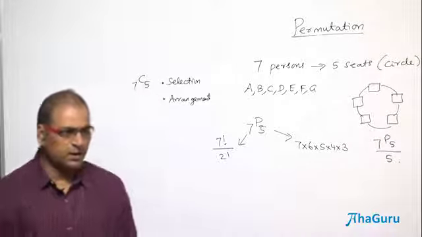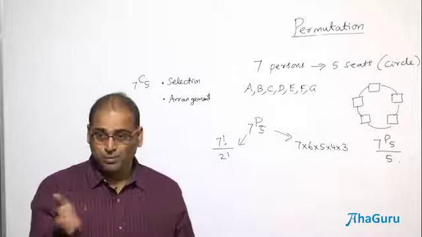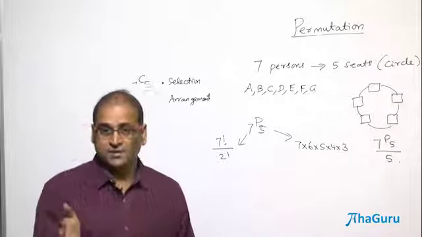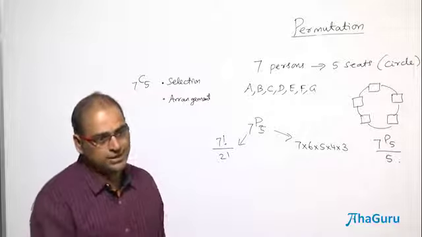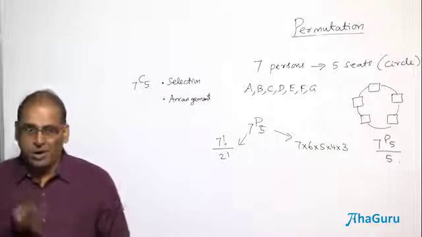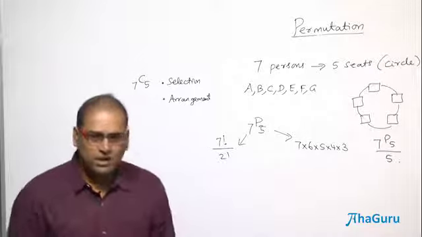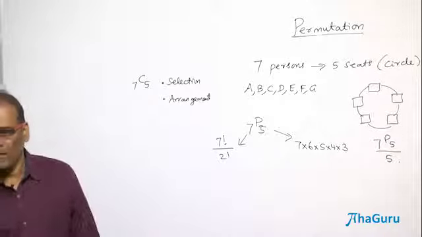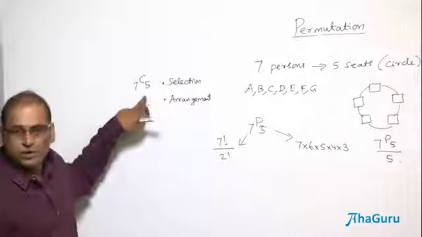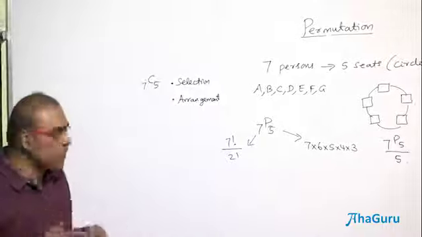It's the same meaning. But suppose in the competition A gets first rank, B second and C third, then B gets first, C gets second and A gets third, that's different. So whenever order comes, permutation will come. If selection or combination comes, there is no order. Understood? So we are going to select this 7 choose 5, that's going to be some number.